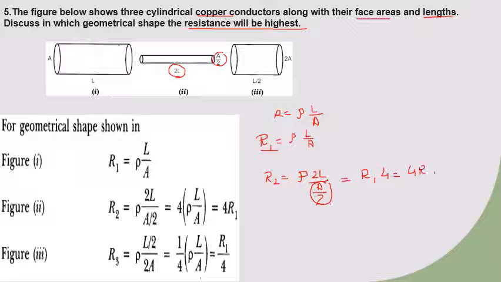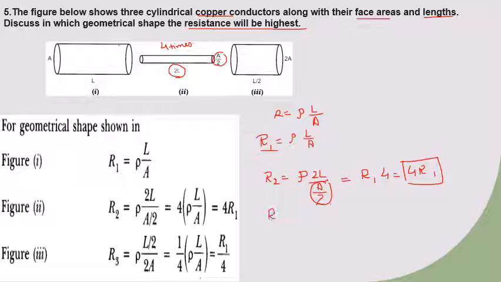That means the resistance in the second case has become 4 times of R1. Now let's take the next figure.